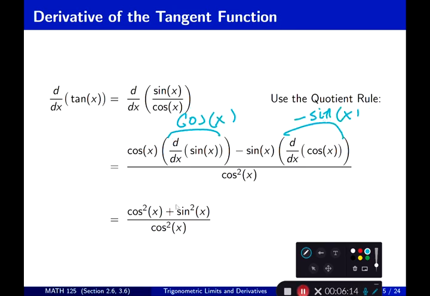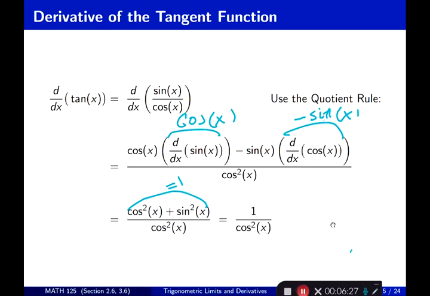Now, what is sine squared x plus cosine squared x? That's equal to 1. So what you end up with is 1 over cosine squared x, and 1 over cosine of x is secant of x, so this is secant squared x. We just proved that derivative of tangent of x is secant squared x.